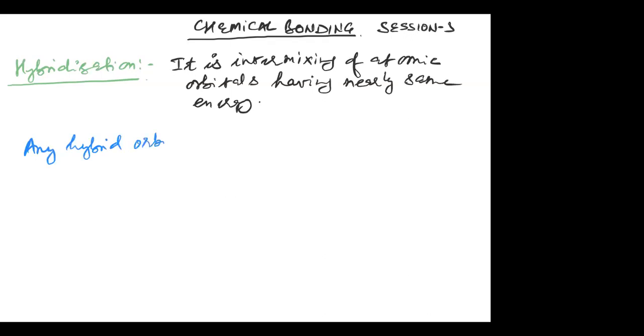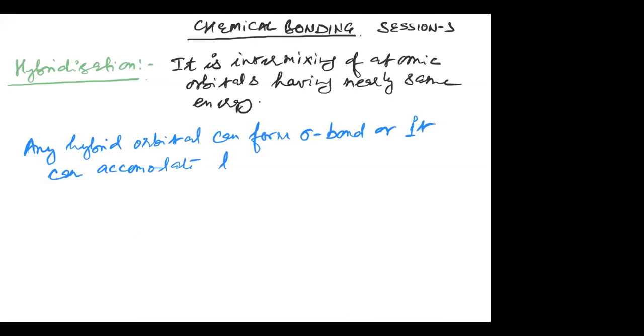Any hybrid orbital can form sigma bond, or it can accommodate lone pair of electron.